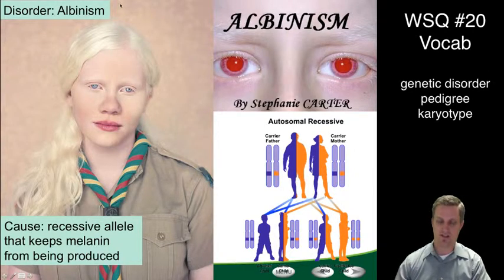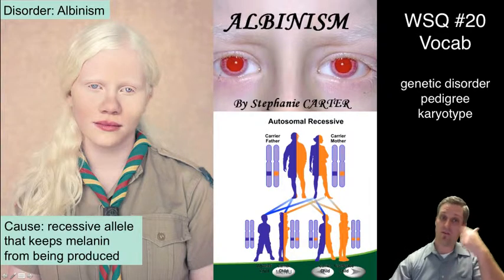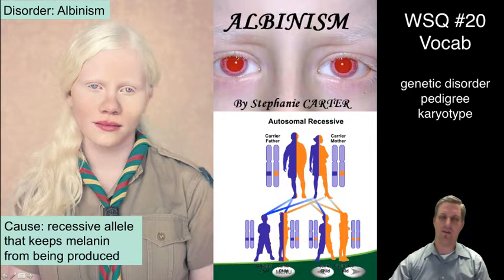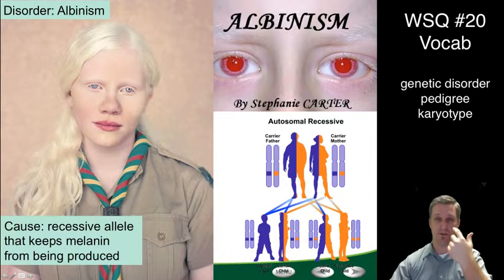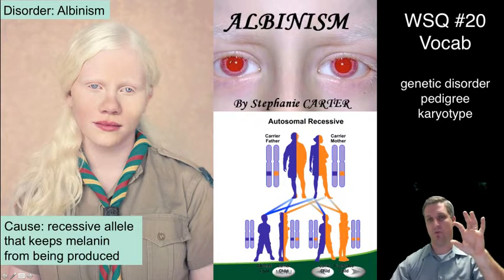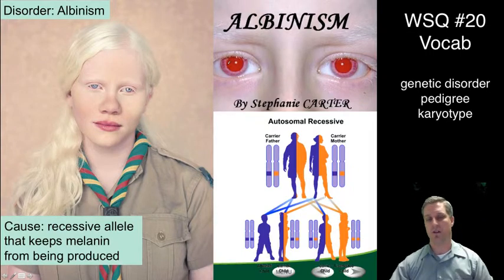The reason why you see this red eye production here from this girl is because there's no pigment in the back of her retina. So as the light hits the back of her eye, it reflects back. We're actually seeing the blood vessels on the retina. Where in the typical person, the pupil looks black because as the light shines through and hits the back, there's actually some pigmentation on the retina designed to absorb the light.